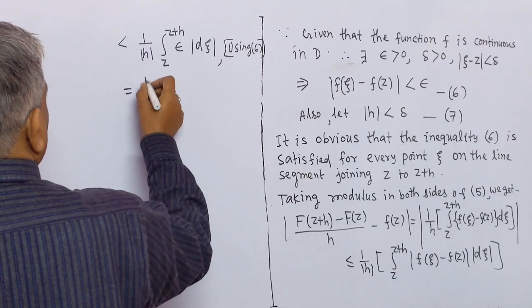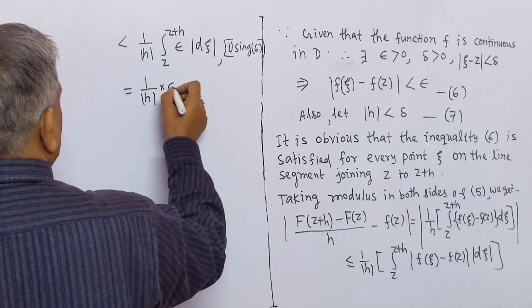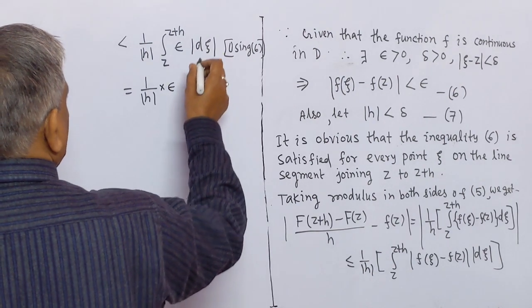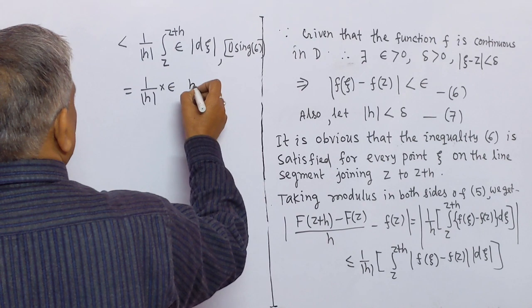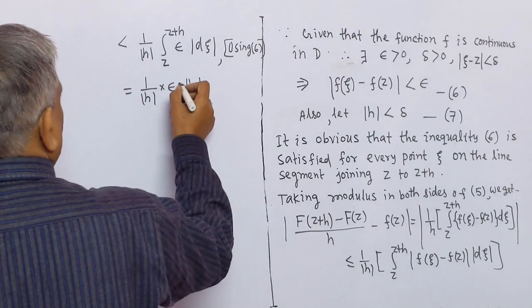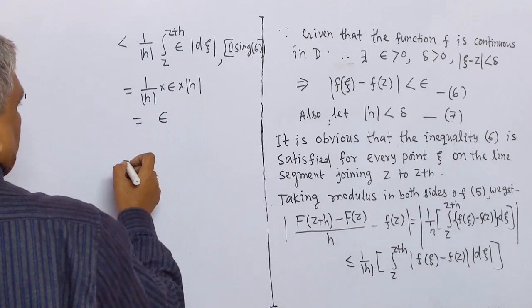This equals 1 by modulus of h multiplied by epsilon, and the integration of this is modulus of h, so this is equal to epsilon.